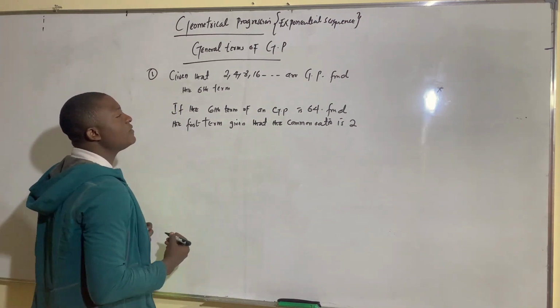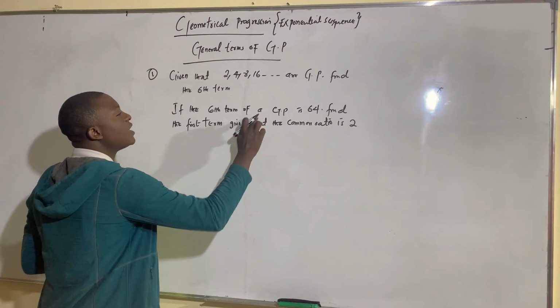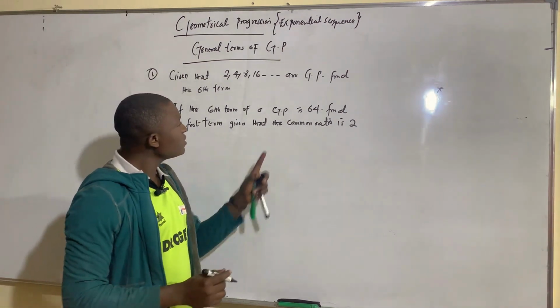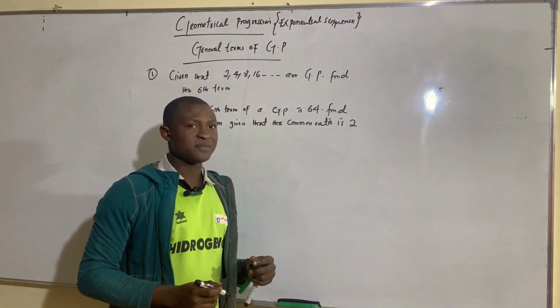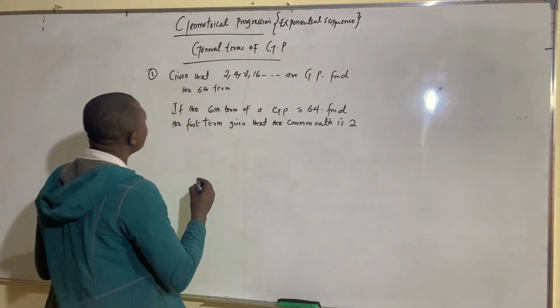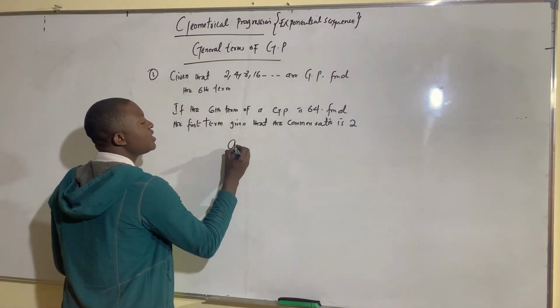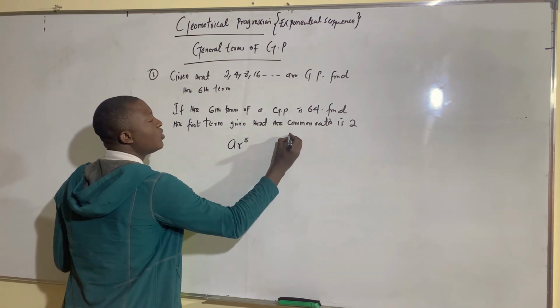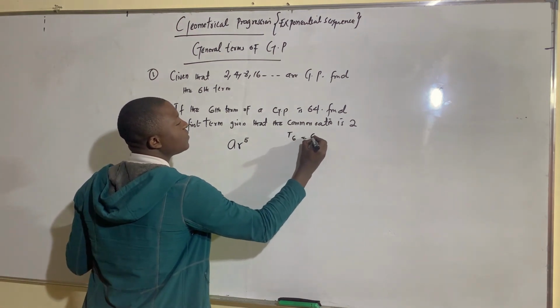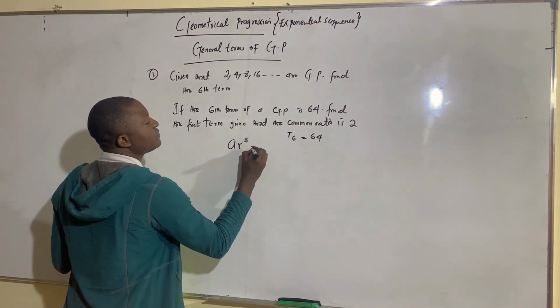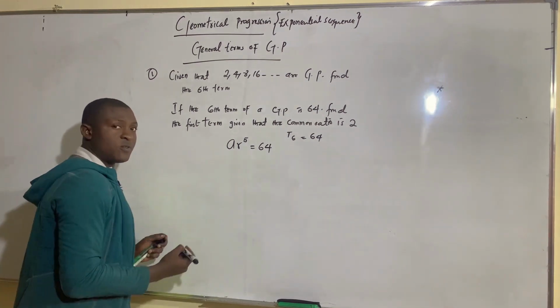If the sixth term of a geometrical progression is 64, how can we write the sixth term? It's going to be AR^5, or literally I can say T6 is equal to 64. So AR^5 is equal to 64.